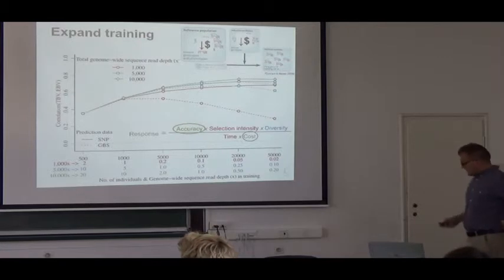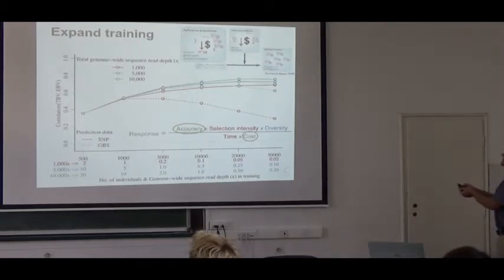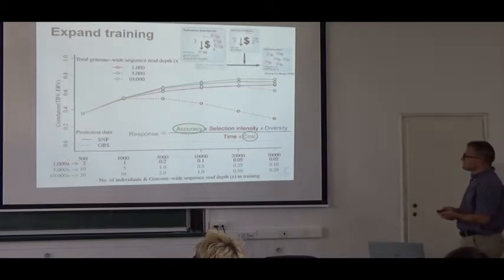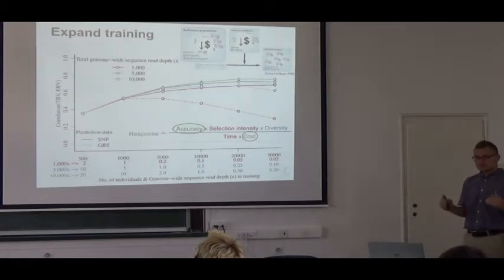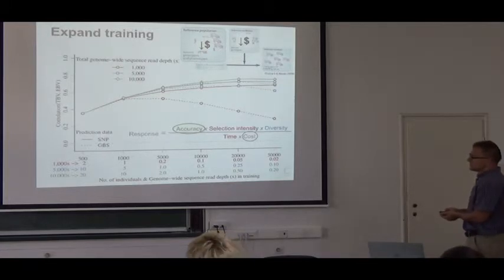Okay? So now what I'm doing here is I'm expanding the training set, and this slide is actually quite full. So on the x-axis I'm showing the size of the training set, but I'm assuming that I have a fixed amount of money. So what I can do is take 500 individuals and sequence everybody at 2x.